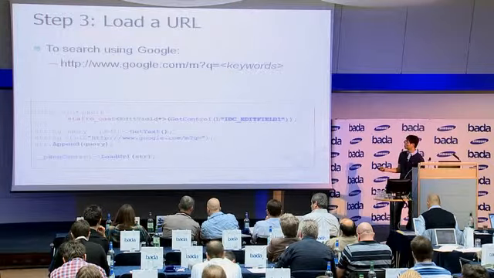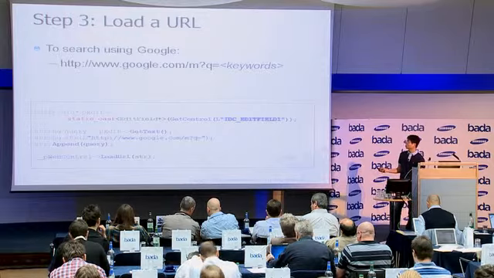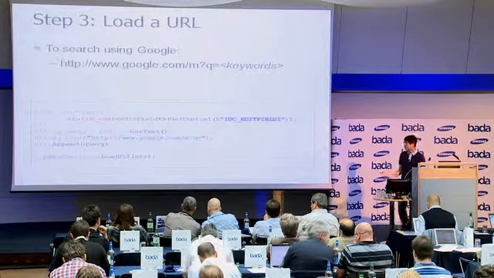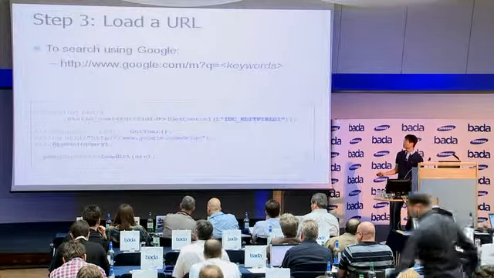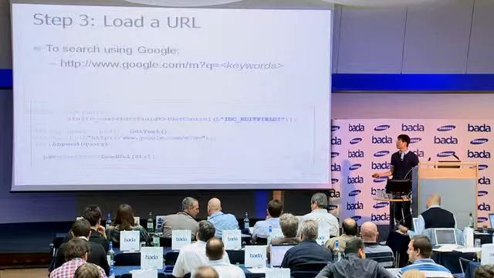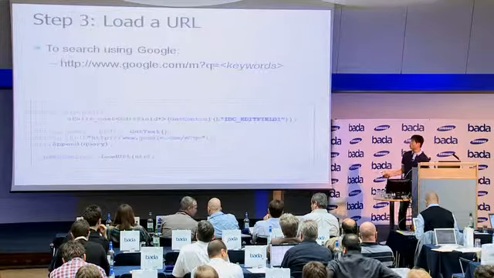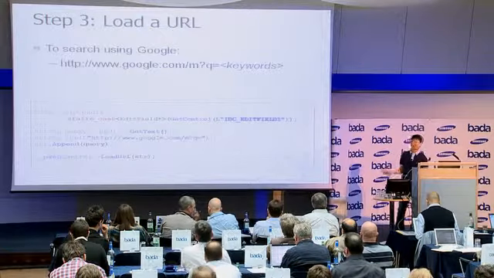So I am also assuming the edit field is created by the UI builder, so I should get the instance of the edit field by using the GetControl method. Then I can use GetText to get the query. And then I can combine the query with this method. Then finally I can call LoadUrl. Then the web control will load this URL.